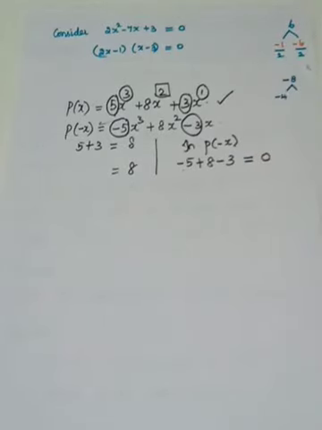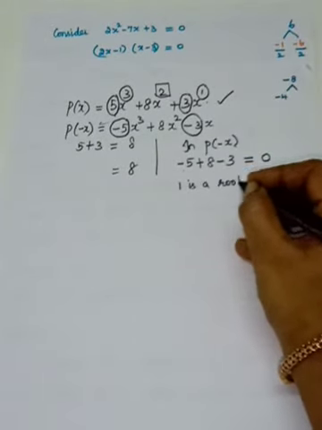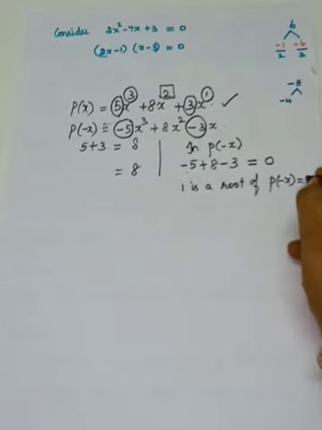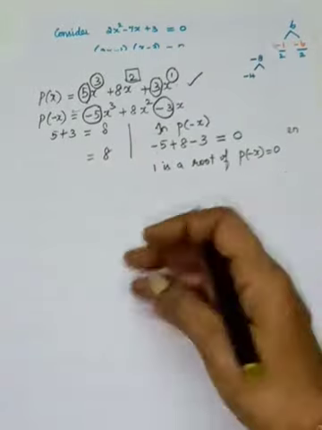So previously we have studied that if the sum of the coefficients of a polynomial is 0, then 1 is a root. So 1 is a root of p of minus x equal to 0, isn't it? Okay. But if 1 is a root of p of minus x equal to 0, then minus 1 is a root of p of x equal to 0.